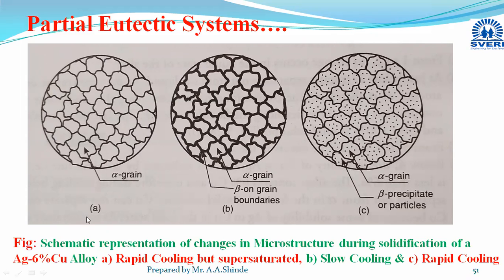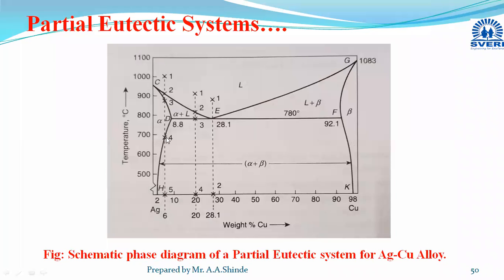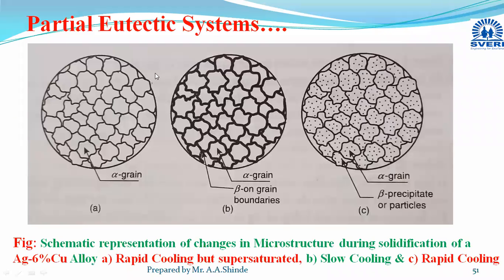This diagram A shows only alpha grains, here in 3 to 4. Now in 1 to 2, you can draw one circle and show only liquid. Then in 2 to 3, liquid and some alpha grains. In 3 to 4, you have to draw this diagram. In region 3 to 4, this A diagram will be there.